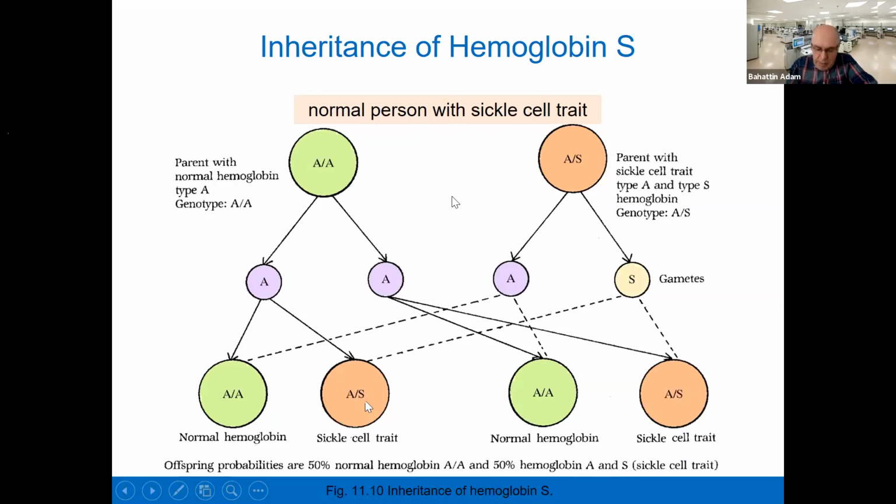You may remember this kind of calculation from the inheritance of the genes.